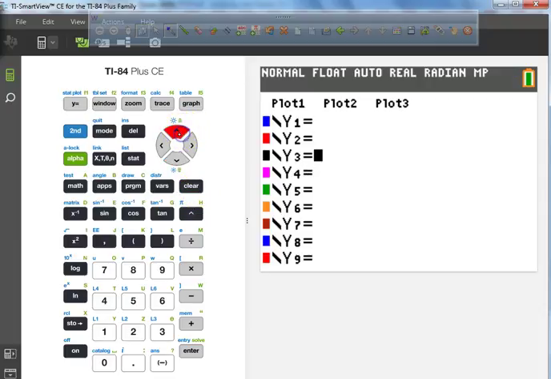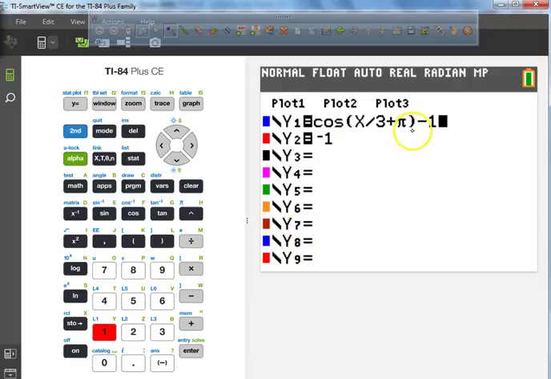Then at y2 we type in negative 1, which is our midline. Up here, we type in our graph, which is the cosine of x divided by 3 plus pi, close parentheses, minus 1.